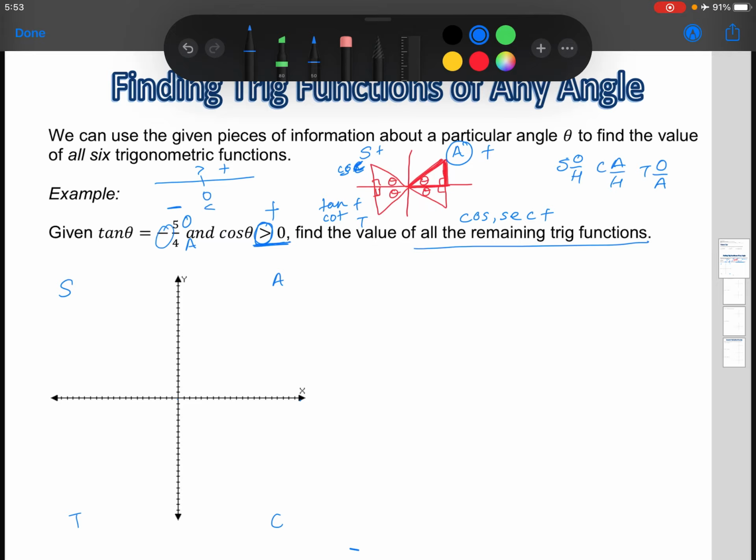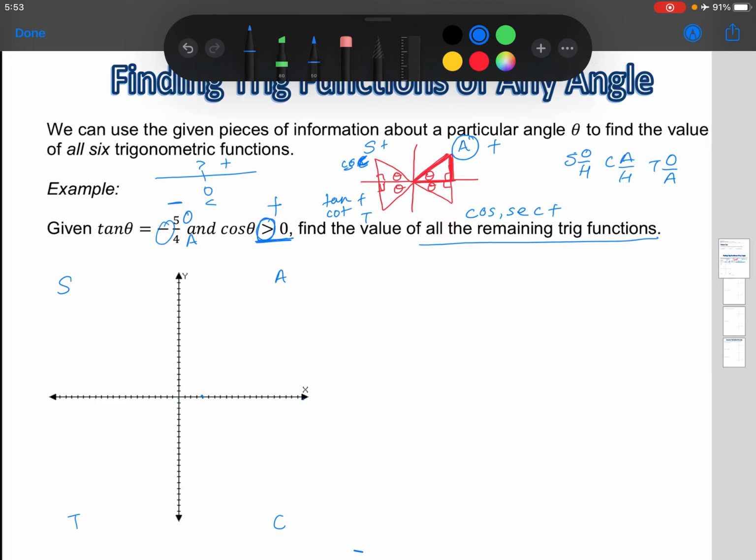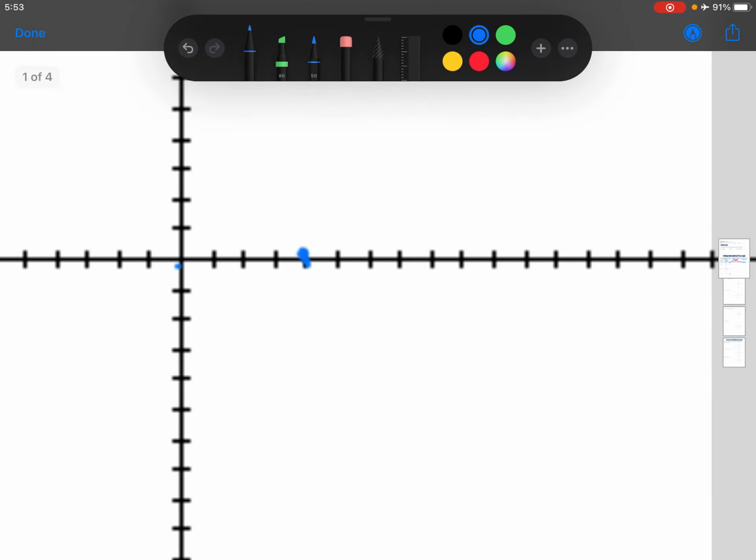If I was to scale, it's going to be a very small triangle. Let me zoom in. So it's 5 downs, 1, 2, 3, 4, 5 downs. So it's going to be 5 over 4, right? So it's like somewhere here. So that's what my triangle looks like.